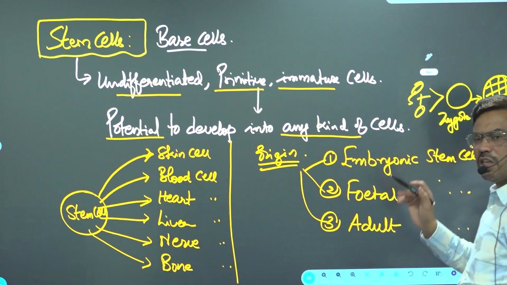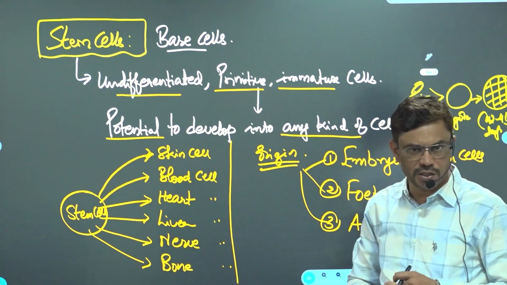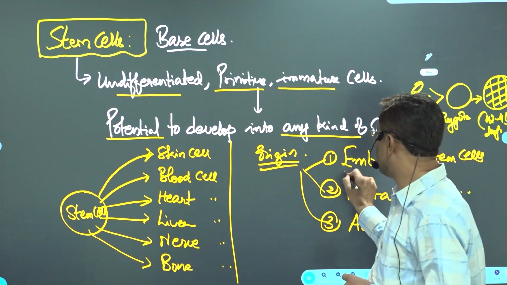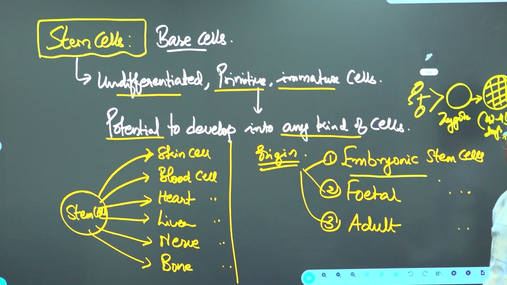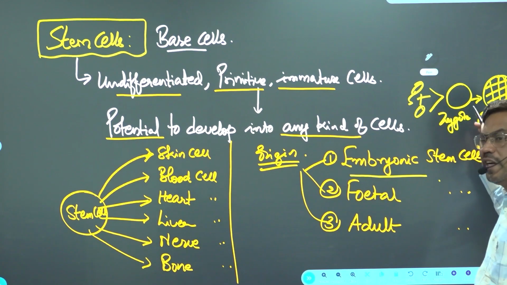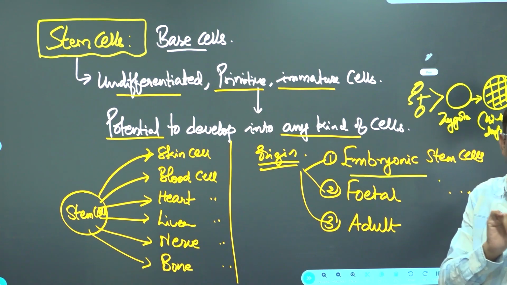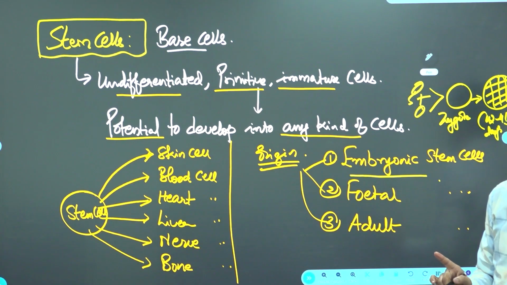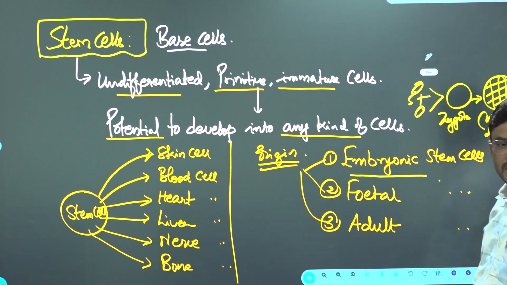Up to the embryonic stage, all cells are similar in their structure and function, and these type of cells we call embryonic stem cells. Are you getting? In this embryonic stage, all the cells are similar in their structure and function, and these are called embryonic stem cells.